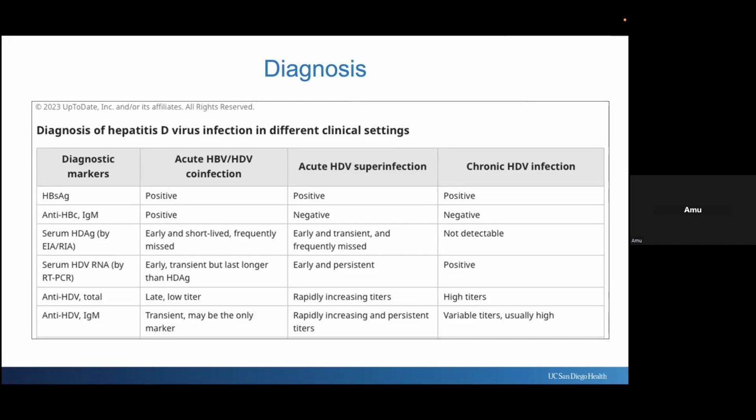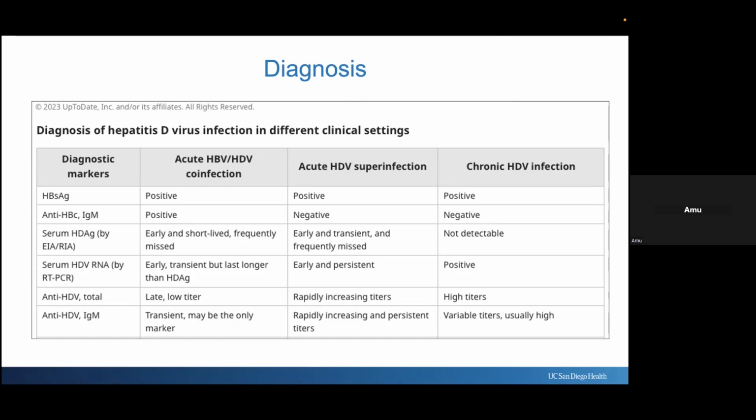In chronic infection, hepatitis D antibodies are present in high titers, and viral replication can be detected by reverse transcriptase PCR. While commercially available, no assays for hepatitis D RNA quantification have been approved for clinical use by the US FDA, and there's a high degree of heterogeneity in the sensitivity and specificity across hepatitis D RNA assays.